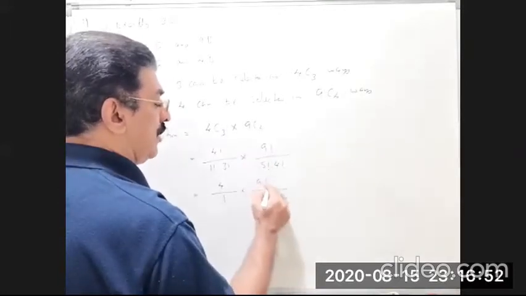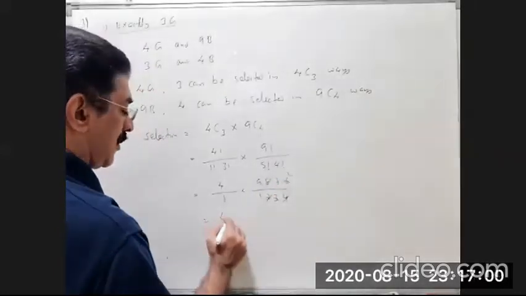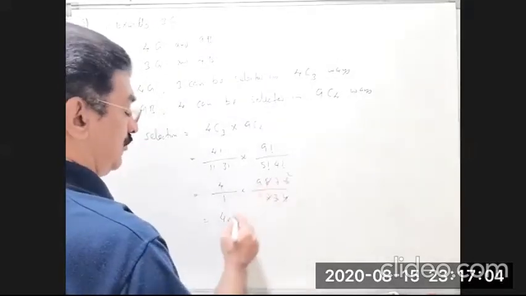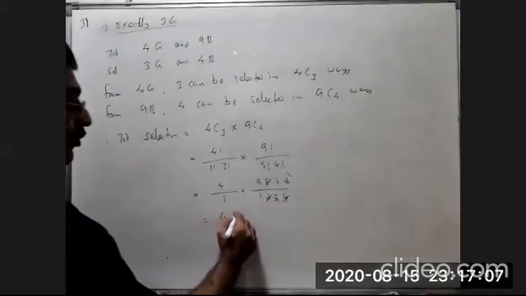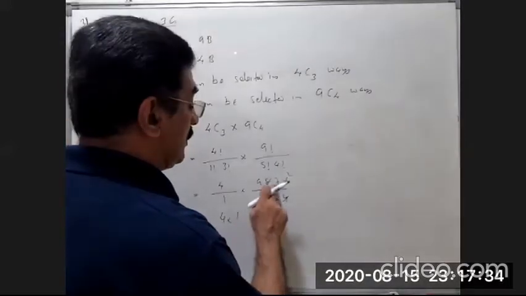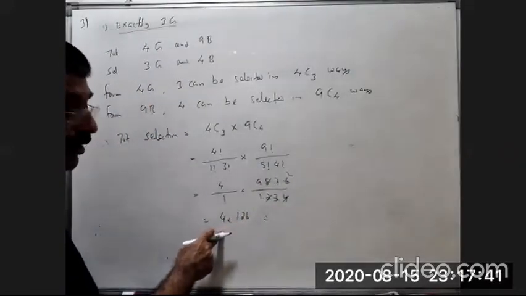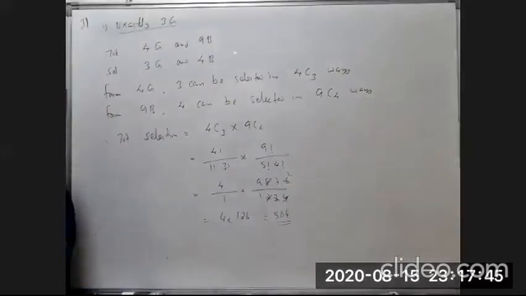Numerator starting from 9: 9, 8, 7, 6. 9 sevens are 63, 2 sixes are 126. 126 into 4 is 504. Next one.